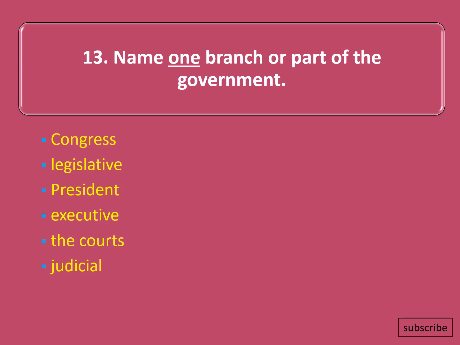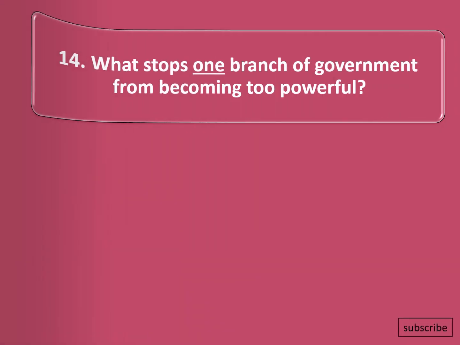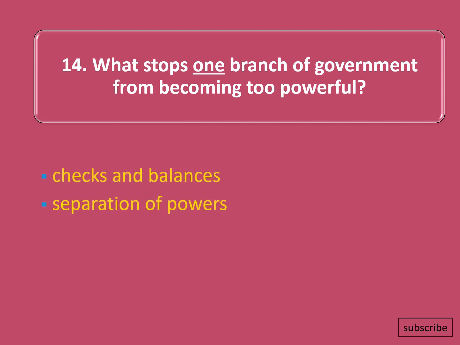Legislative. President. Executive. The courts. Judicial. What stops one branch of government from becoming too powerful? Checks and balances. Separation of powers.